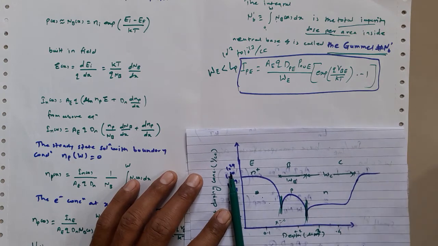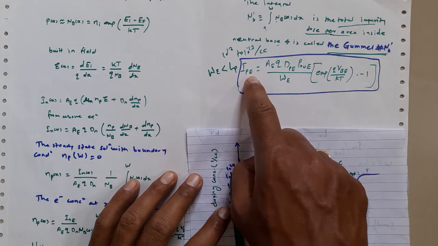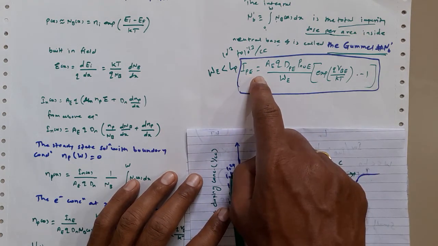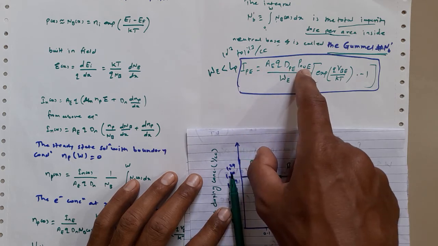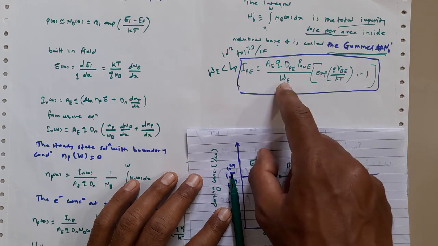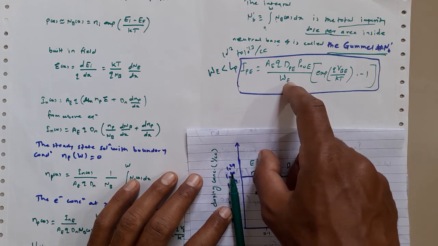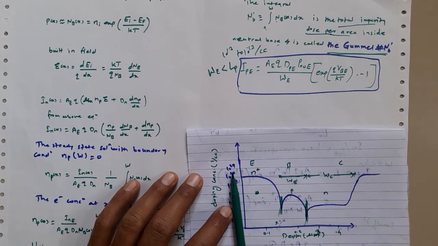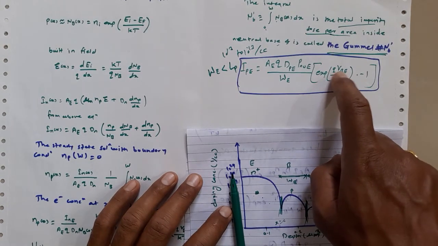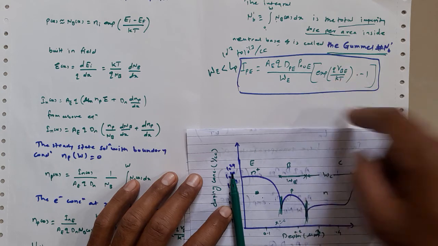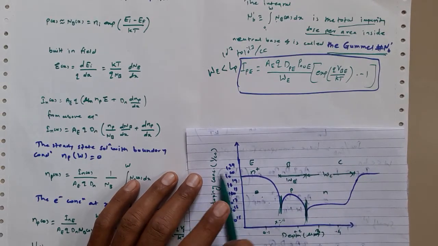So I_pE, due to the holes at the emitter junction, is equal to A_E q D_pE p_nOE upon W_E, where capital E stands for the emitter, times the exponential of qV_BE by kT, the biasing potential.